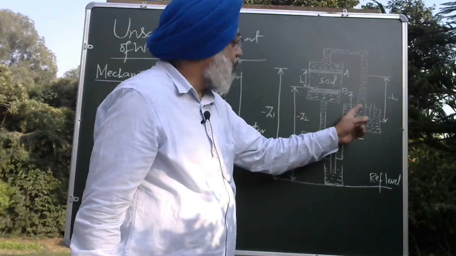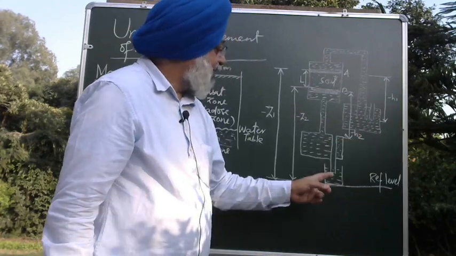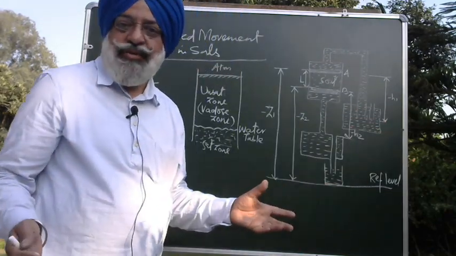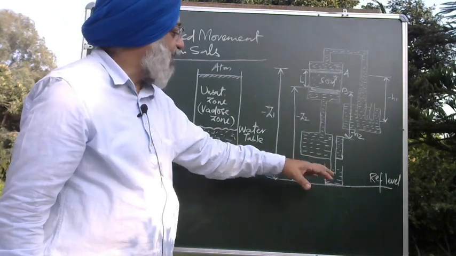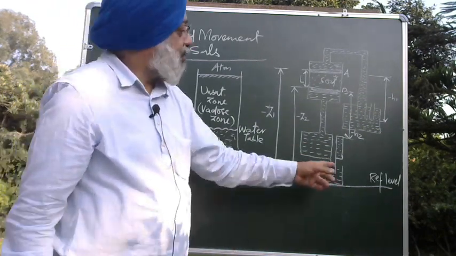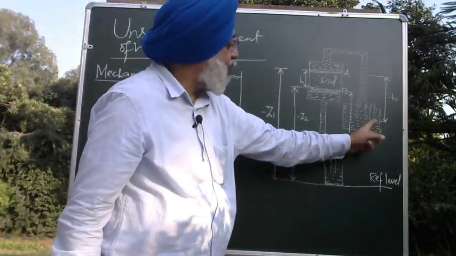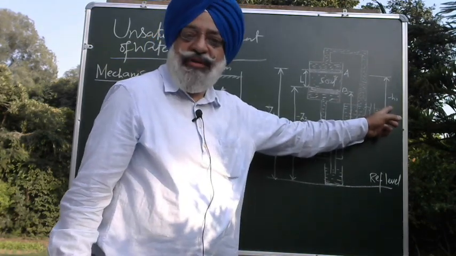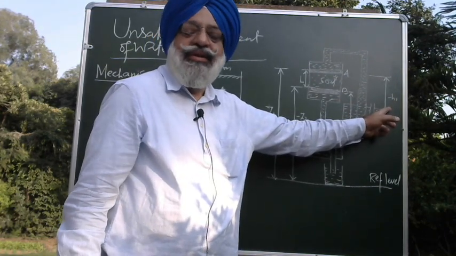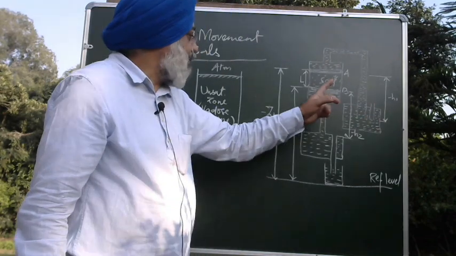This is simply the Marriott arrangement. Because of the Marriott arrangement, we have shown the negative hydrostatic pressure from A up to this point. The negative hydrostatic pressure is H1. That's why we call it minus H1.